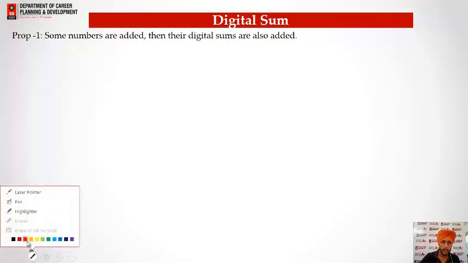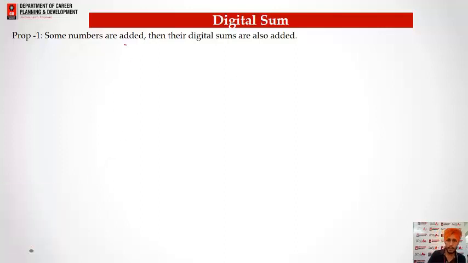So what does this property say? For example, we have a number 231, another number 132, and a third number, for example, 431.